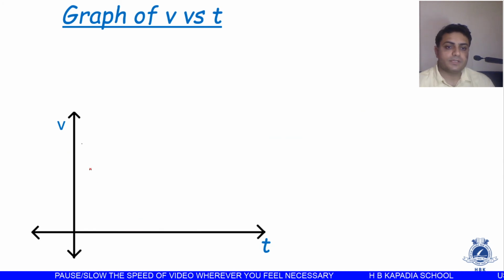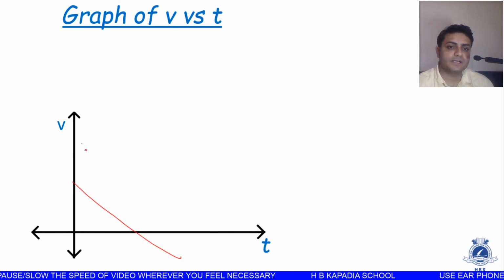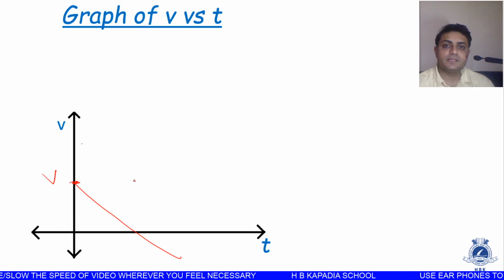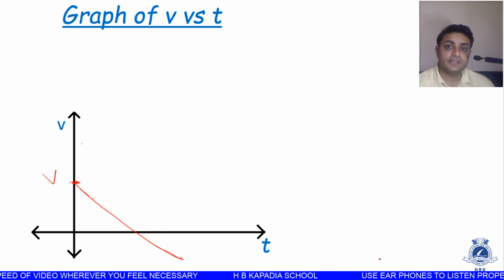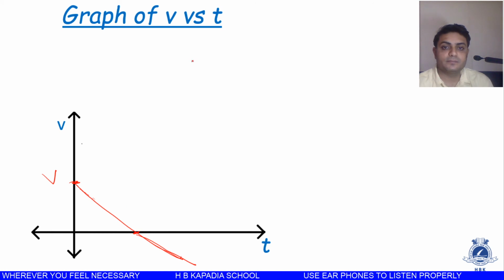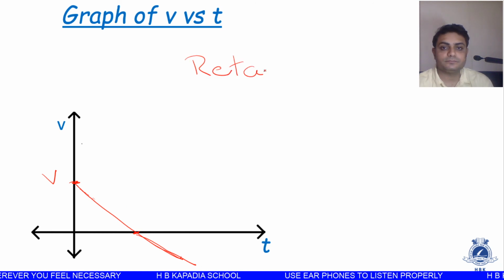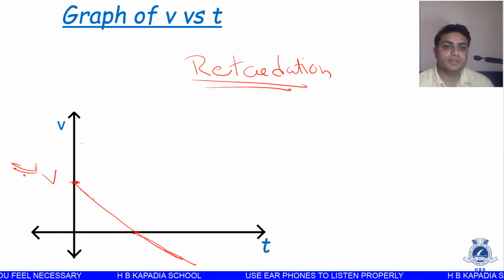Now what does this graph indicate? Yes, right, perfectly. This is initial velocity v. The initial velocity is positive, but later on, when the time increases, the velocity is decreasing, it becomes 0 and it increases along the negative direction. So in this case we can say the object is retarding. Why retardation? Because initially velocity is v, but after some time it becomes 0.